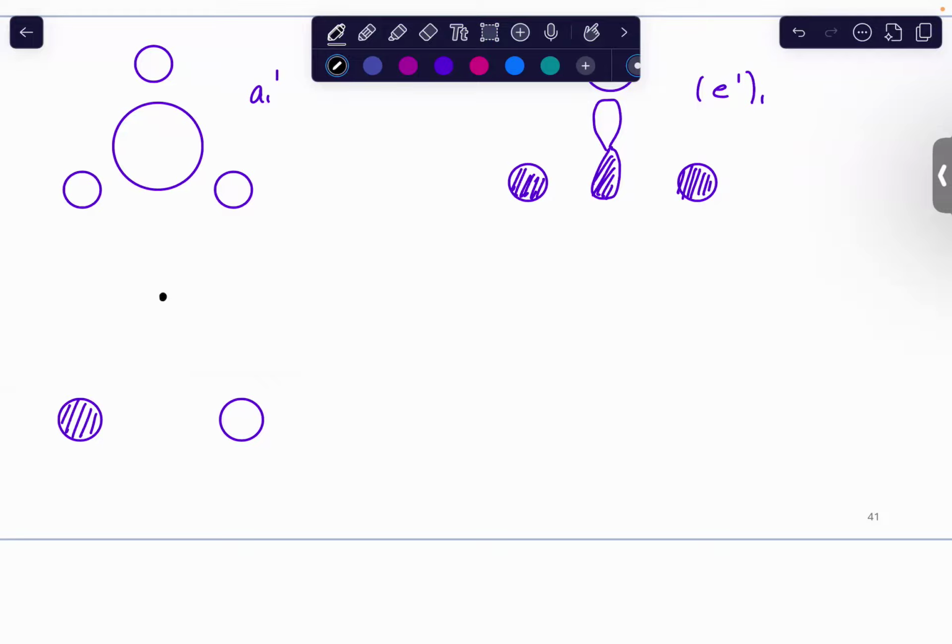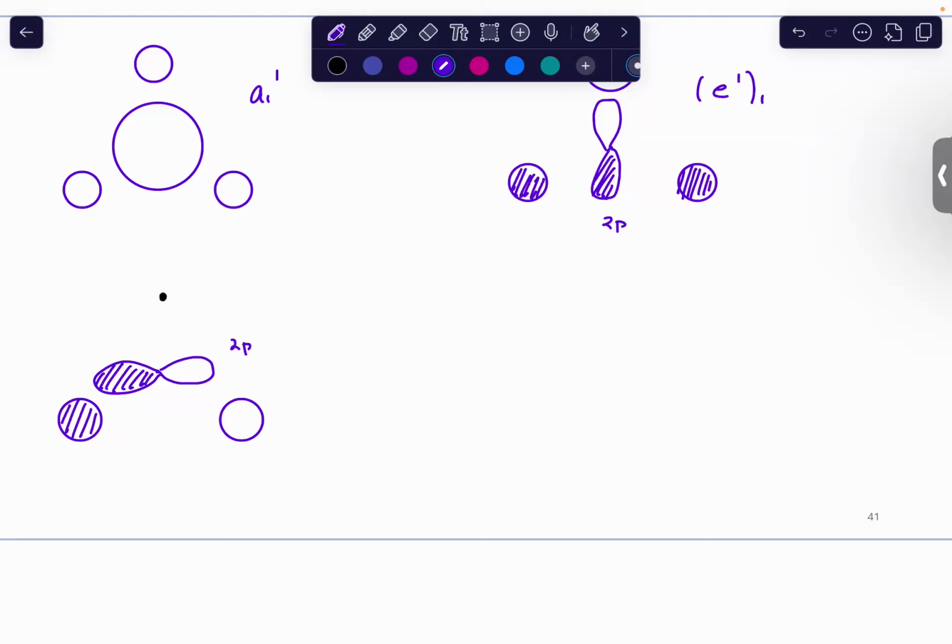So of course, we just put that little dot where the hydrogen 2s orbital would be, that's not contributing. And then our second p orbital will do something like this. So that's a 2p, that's a 2p.